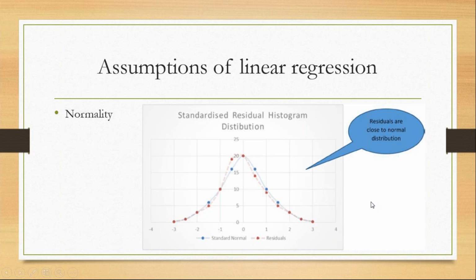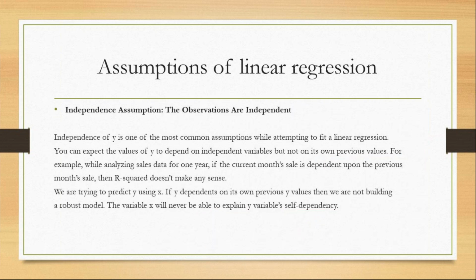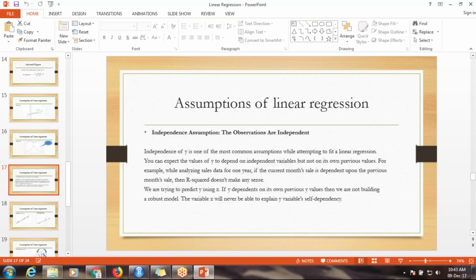And also the distribution of your y variable should be normal, corresponding to the x variable. Second is normality. Third is the independence assumption. Let me explain it this way.